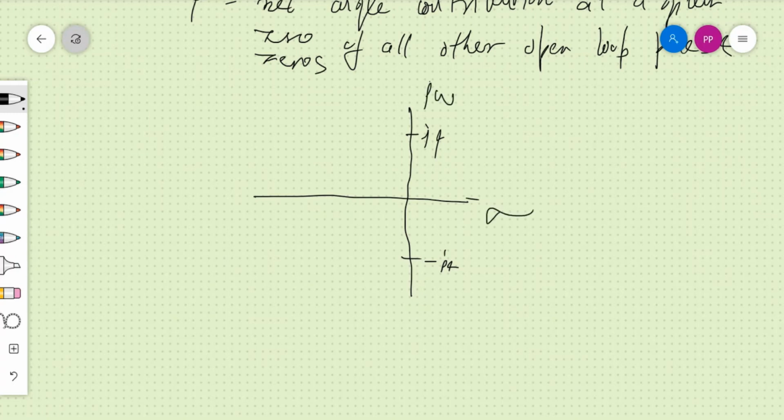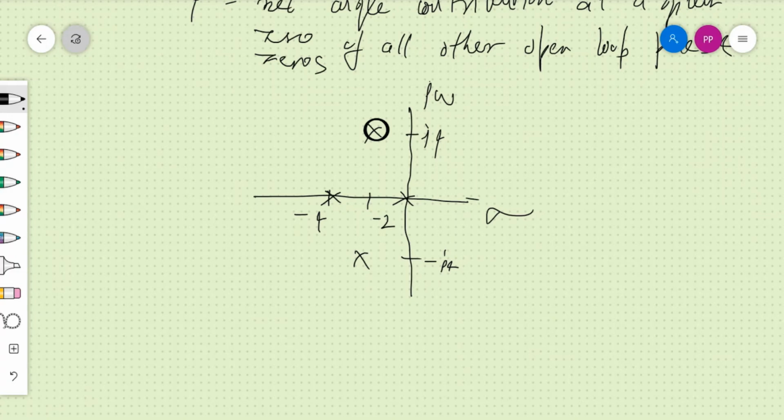Maybe in some places I am missing to write sigma j omega. You have to definitely write sigma j omega in the exam very clearly. Here the two poles are on the real axis, so you need not worry. The complex poles, we start from the first one like this. For this angle contribution we have to find out phi.